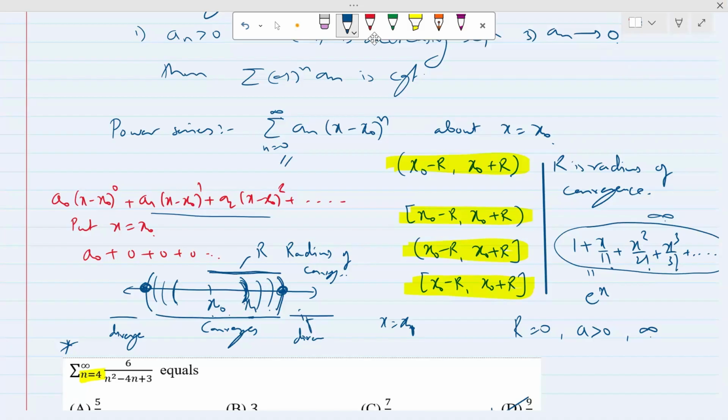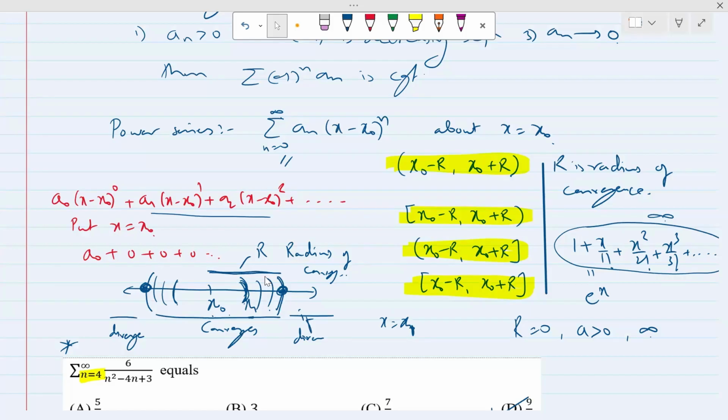Sir, will the geometrical meaning of radius of convergence be on the real line or in R2? For an infinite series of real numbers, it is in the set of real numbers. If you change the domain of your infinite series to complex numbers, then it is in the Argand plane.